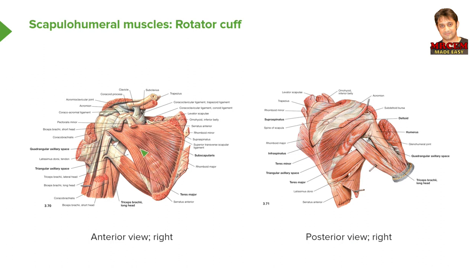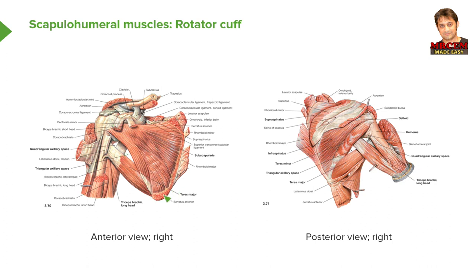We can see here we've got the shoulder joint. It's an anterior view on the right-hand side, so the chest wall has been removed. On the anterior surface of the scapula, we have subscapularis muscle passing towards the lesser tubercle.